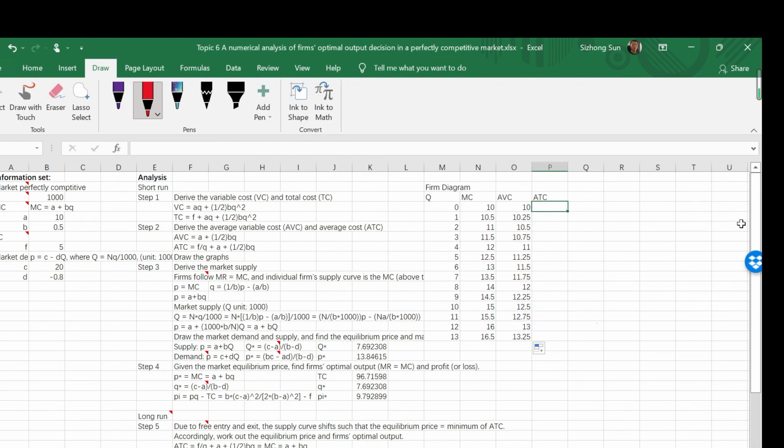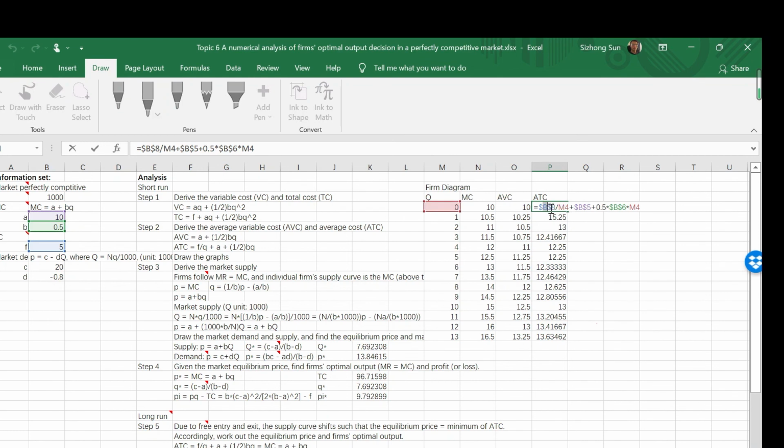Average total cost is equal to fixed cost divided by Q. So fixed cost is B8 divided by Q. Oh no, N4, plus A, which is B5, plus 1/2 times B, which is B6, times Q. And you see that now we get F divided by 0.